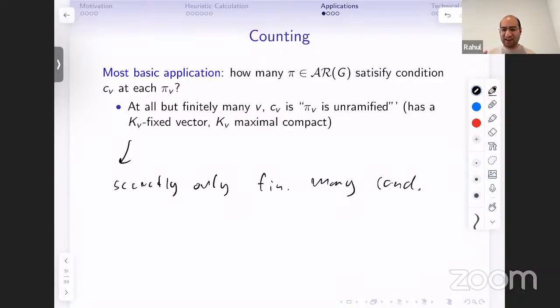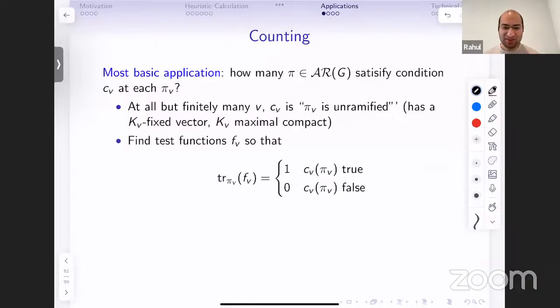You're picking finitely many C_v that aren't this default condition, and all the other C_v are this default condition, which you can just think of as one condition that pi_v is unramified at all places except these, and at these places you have another condition on pi_v. So this problem isn't as crazy as it looks.